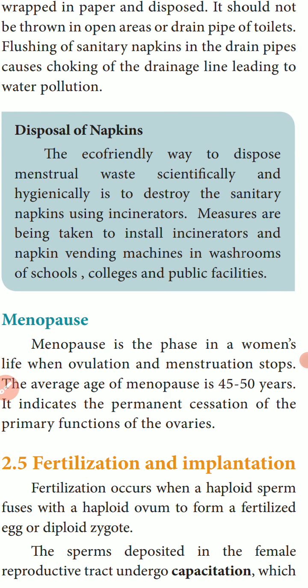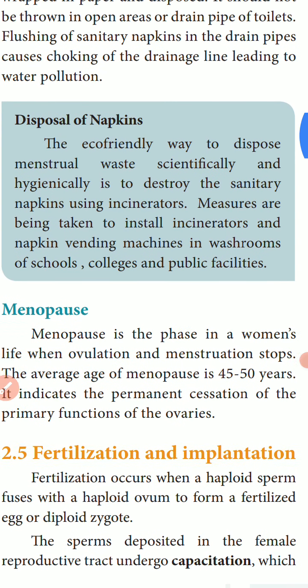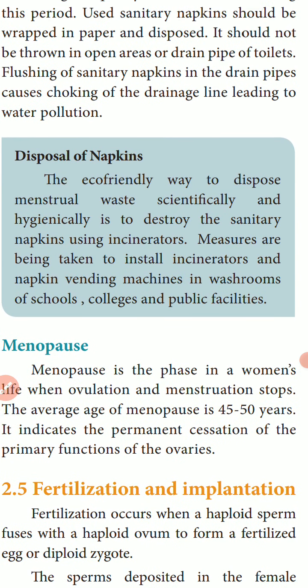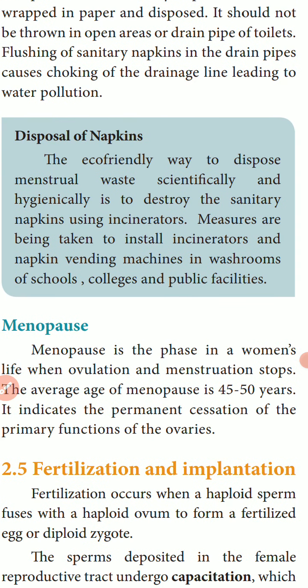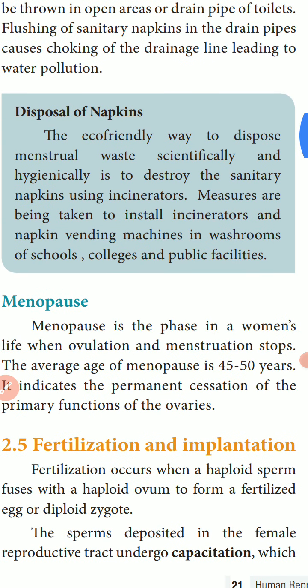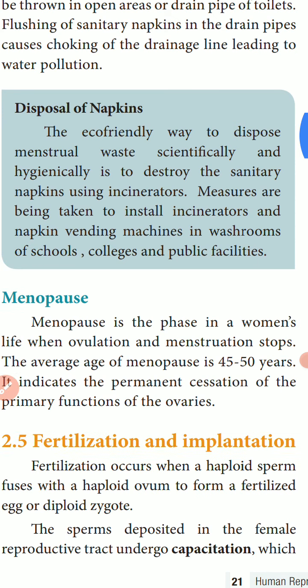Instead of throwing used pads in the toilet, you can collect and incinerate them, means burn them. Measures are being taken to install incinerators and napkin vending machines in washrooms of schools, colleges, and public facilities.